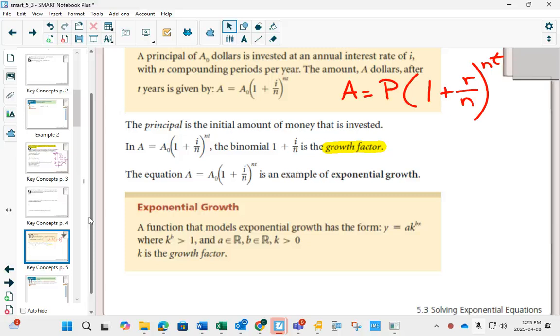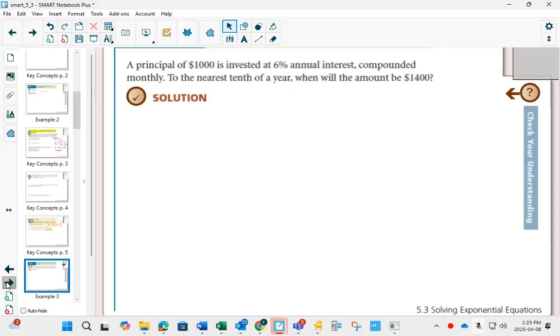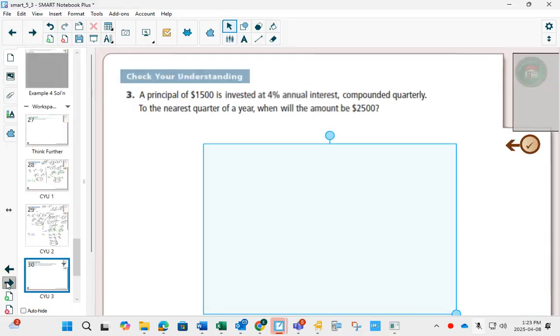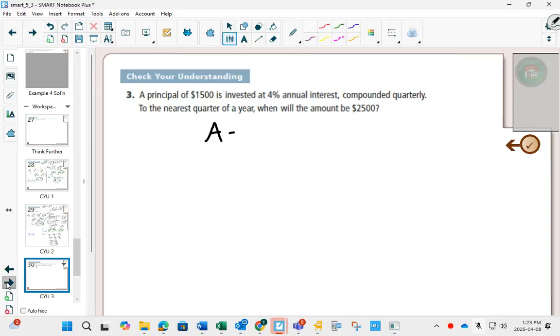Sometimes we have things that are exponential decay. So at this point, we're going to just look at how do these questions work. And the textbook doesn't give us a formula, but you would have been given this formula or some form of it and had things explained.